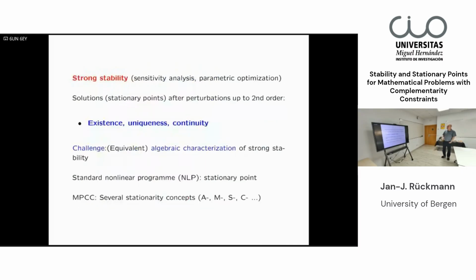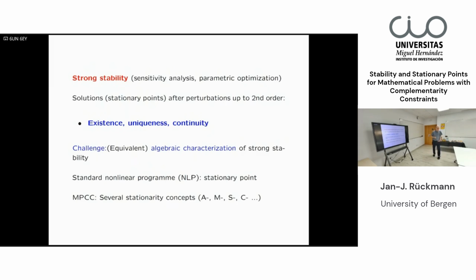Strong stability, I will define it, refers to existence, uniqueness, and continuity with respect to perturbations. It means the smaller the perturbation, the smaller should be the change in the structure of the solution set of the problem.